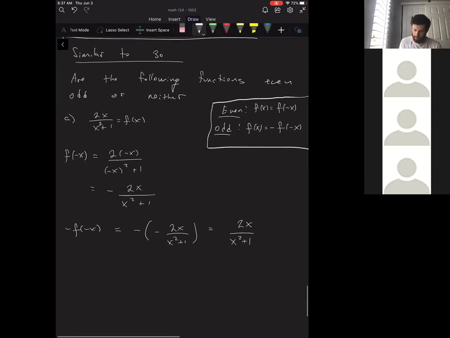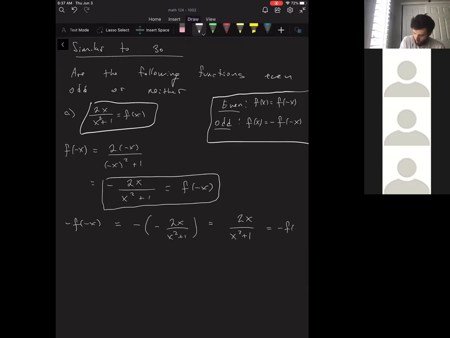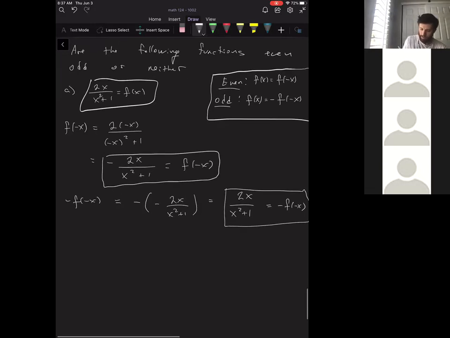And so actually what we see is, above, here's f of x, here's f of negative x, and here's negative f of negative x. So what do we have? We see that f of x is not the same thing as f of negative x, so it's not even.